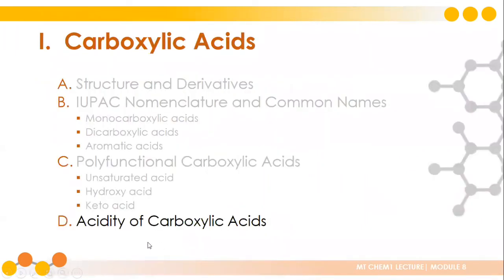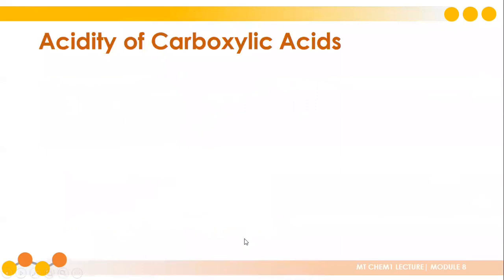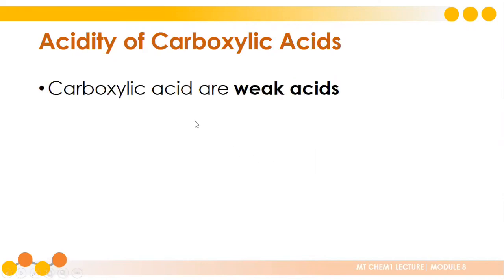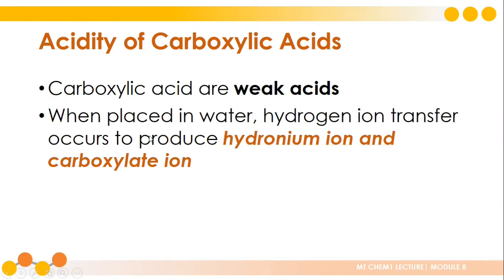Let's now proceed with the discussion of the acidity of carboxylic acids. From the name itself, carboxylic acids, you can easily tell that they are acidic, but they are considered weak acids. When placed in water, hydrogen ion transfer occurs to produce hydronium ion and carboxylate ion.